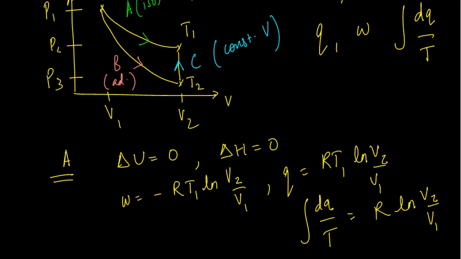It's just that it's du minus dw, and du is 0, so I get minus dw. Okay. Let's do the same calculation for path B and C.